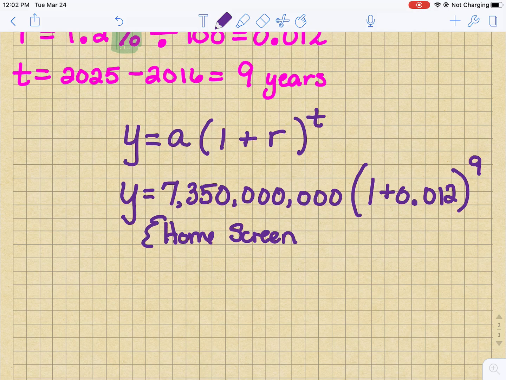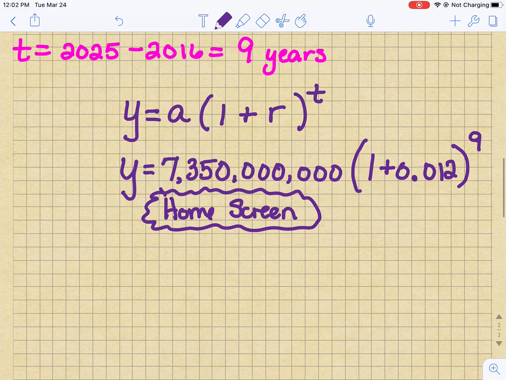So this is not a graph. We're not trying to graph it. We're just trying to get an answer. So just because there's a y equals doesn't mean we always jump to y equals. You have to stop and use your brain and think, am I trying to get an answer? Am I trying to get a graph here? And in this case, we just need a number answer. So that's in our home screen.